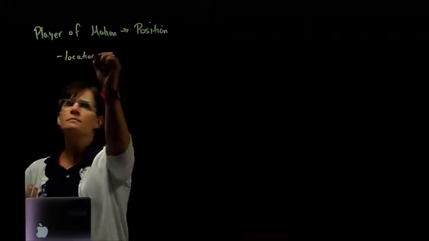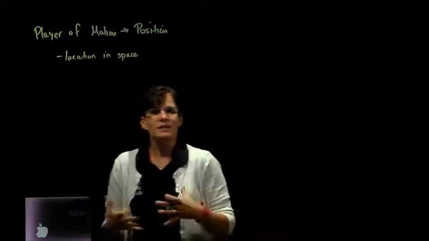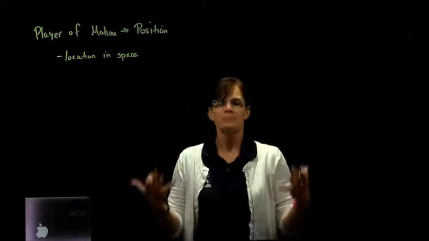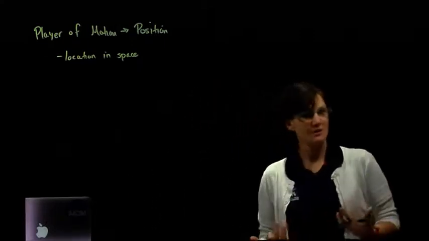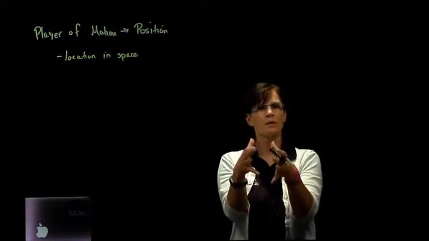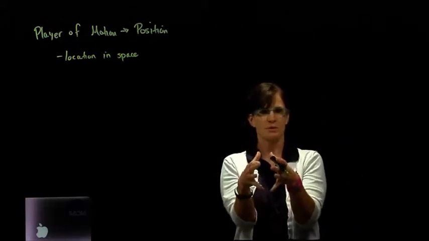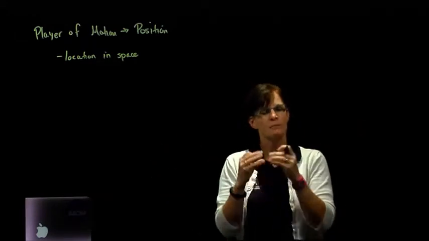Now, the kind of neat thing about an object's location in space is that we get to control what the space is. We define objects' positions relative to a set point, a point where we say, okay, this is what I'm going to call position 0. Everything else is going to be described relative to that position 0.